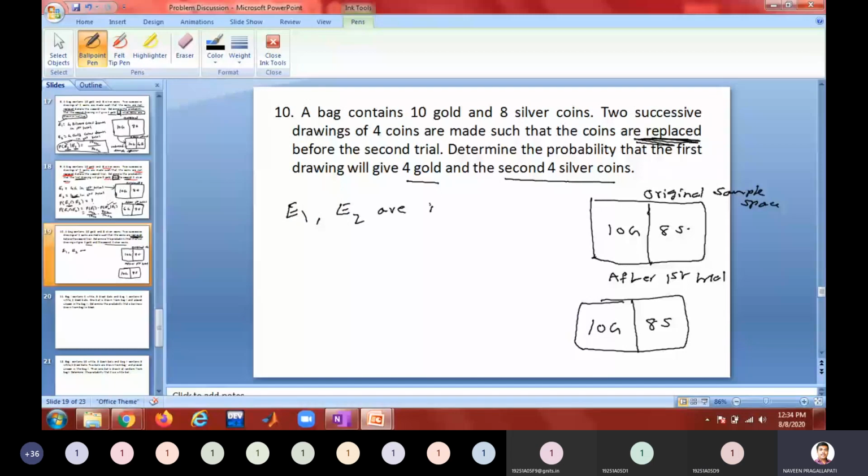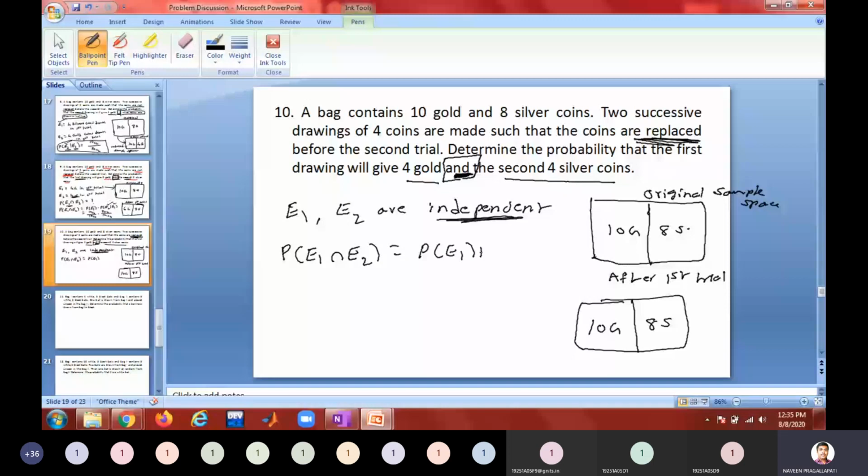Now, what do you see here? "And" means what? You are asked to find out the joint probability. So what is P of E1 intersection E2? When the events are independent, it is going to be P of E1 into P of E2.